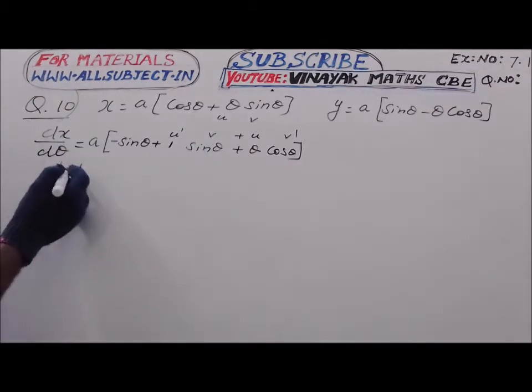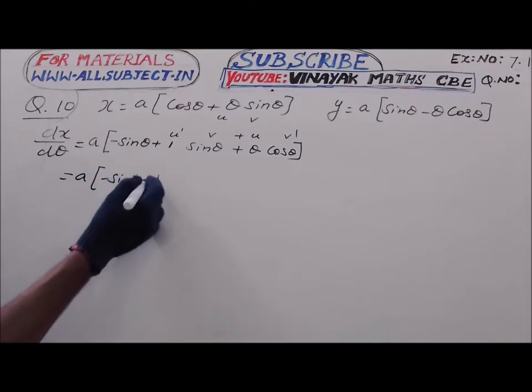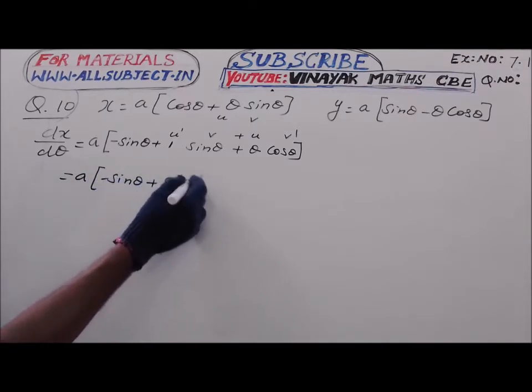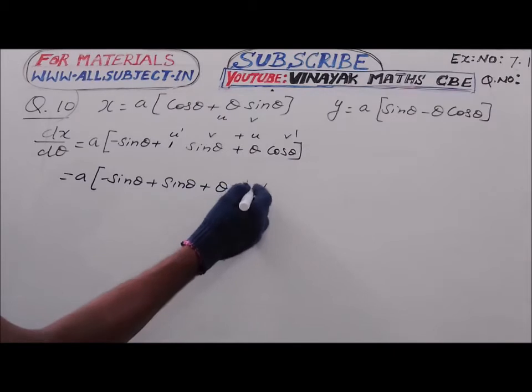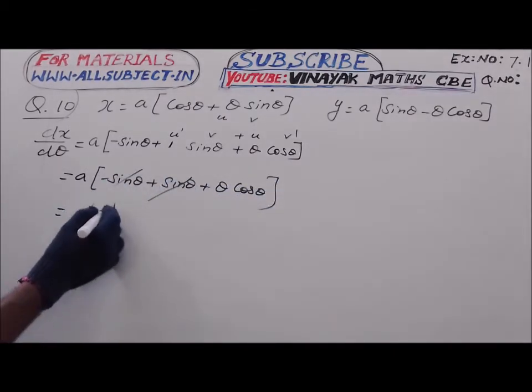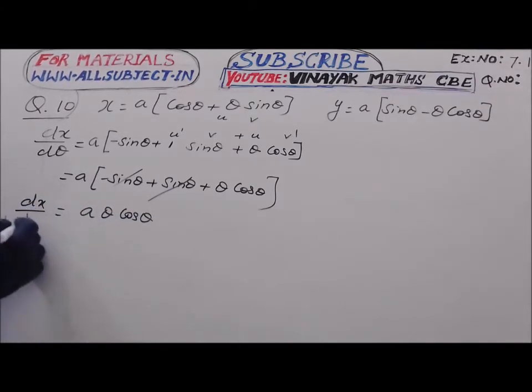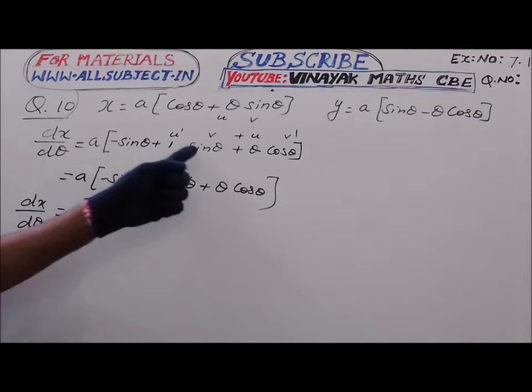Now we have a into minus sin theta plus sin theta plus theta cos theta. Here these two get cancelled. A theta cos theta is the dx by d theta. Are you clear in it?